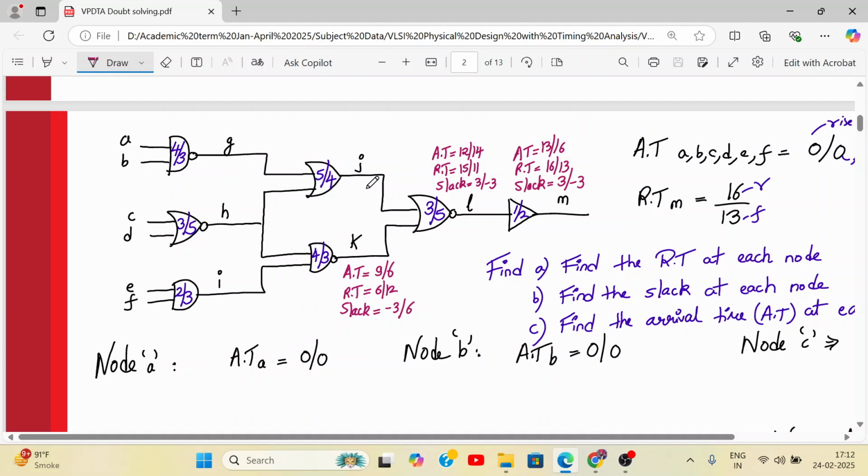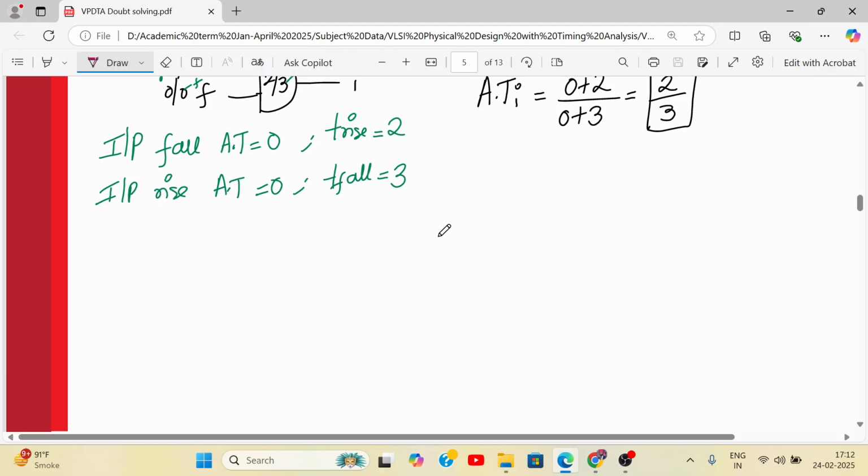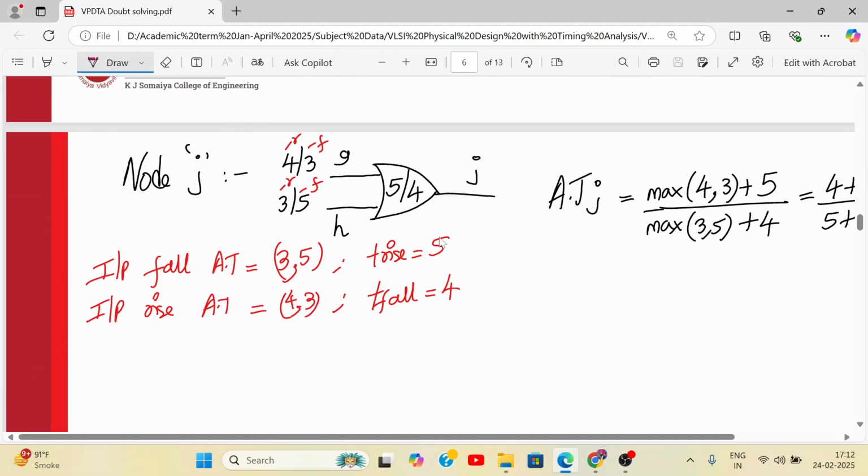Alright, now we turn our attention to node J. For node J, the output is L. It's a NOR gate with output L. So its return time will be useful over here, and this delay will be useful. Node J is connected to a NOR gate. And remember, it is a non-inverting gate. Okay. So here it is 9 by 3. And what is the return time of node L?